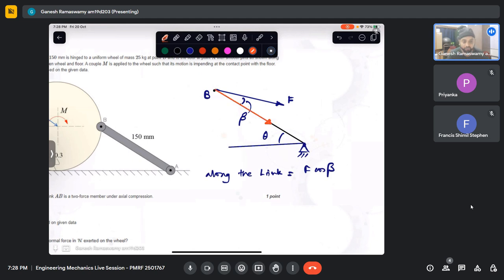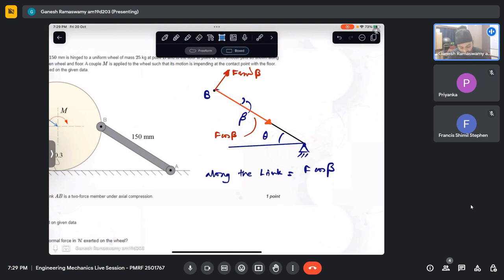Another is perpendicular to this, which is F sin beta. Now let me take moment about some point. Now that I have already replaced this force with its components, this should no longer be part of the system. So I have removed that since I have resolved this into two components. Now I am free to take moment about any point.